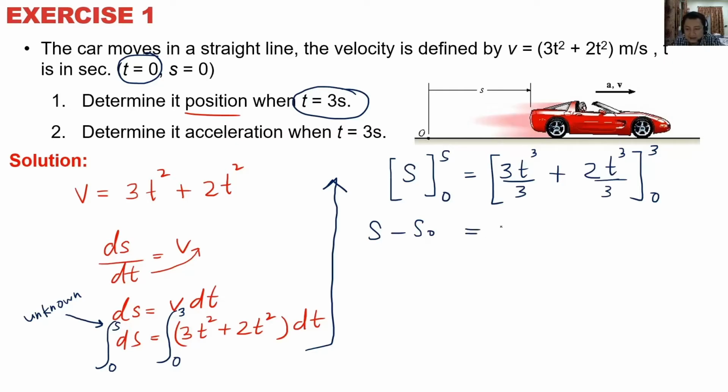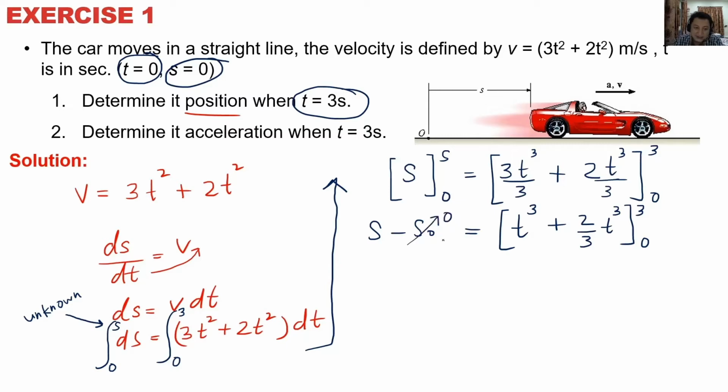And how about this side? Settle. You get t cubed plus 2 over 3 t cubed. Still not being evaluated yet, so we've got to plug in. S minus S naught is originally equal to 0.